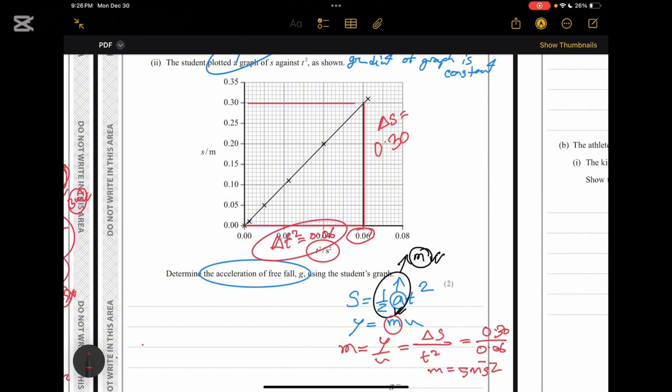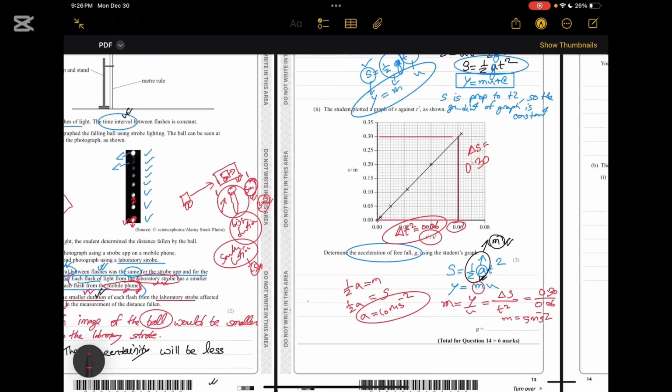We know half a is equal to m, and m is 5. So half a equals 5 and a equals 10 meters per second squared. So this is our acceleration value. We are done with question number 14 as well.